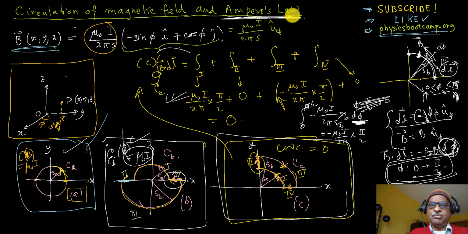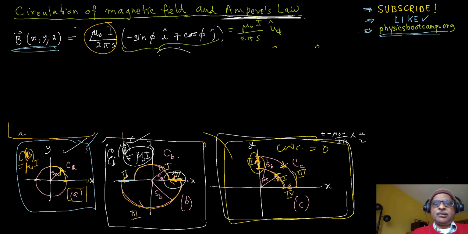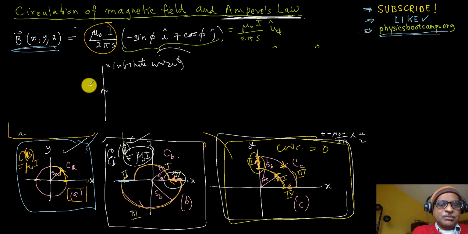Let's just talk a little bit about Ampere's law beyond this calculation, okay? So this magnetic field is actually of an infinite wire carrying some steady current I.